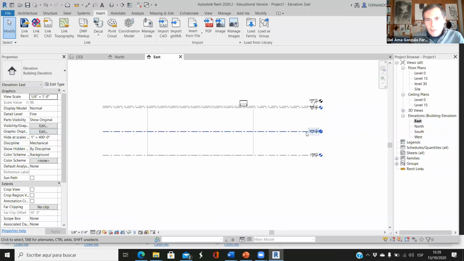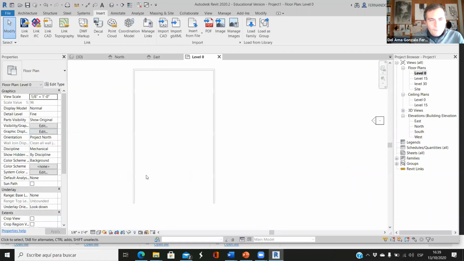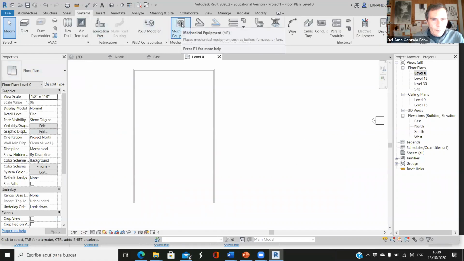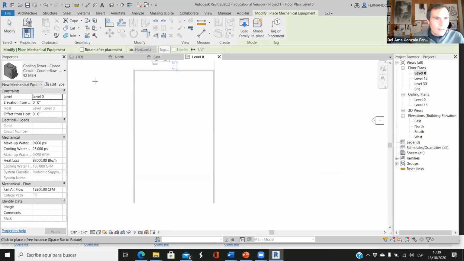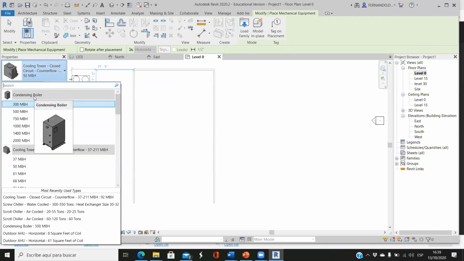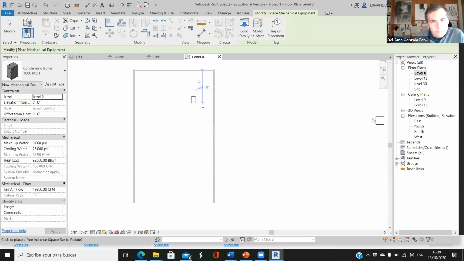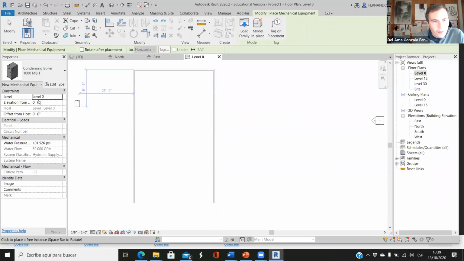Okay. So on level 0, if I open level 0, I have to place systems, mechanical equipment. I have a cooling tower, but the cooling tower is on the roof. Now, on level 0, we should have the condensing boiler. And this is the size of this condensing boiler. Let's take 1,000 and place the boiler on level 0, elevation from level 0, 0.